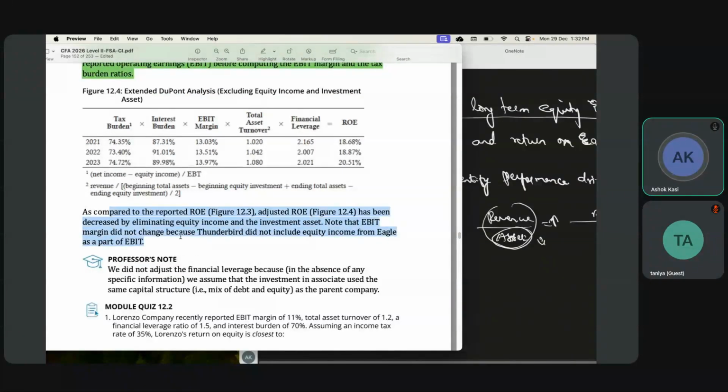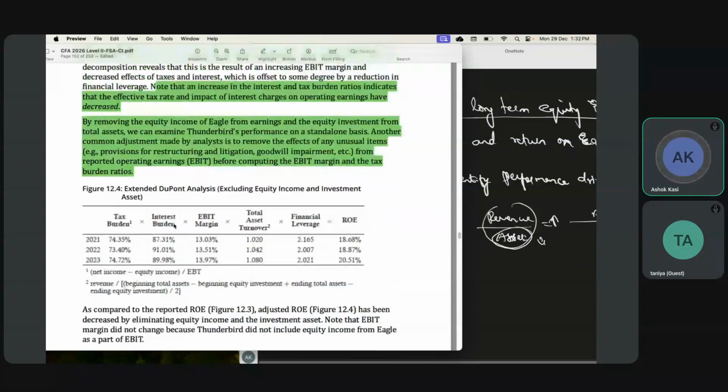By removing the equity income of Eagle from earnings and equity investments from total assets, we can examine Thunderbird's performance on a standalone basis.